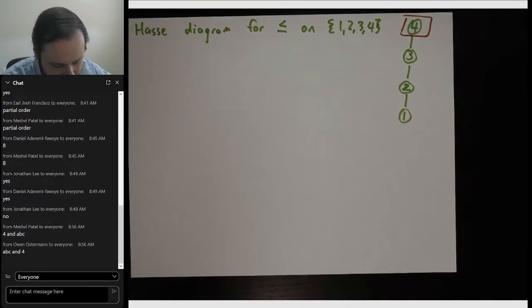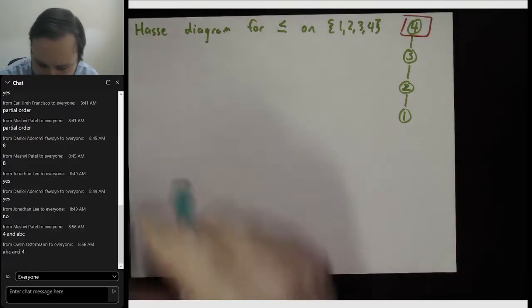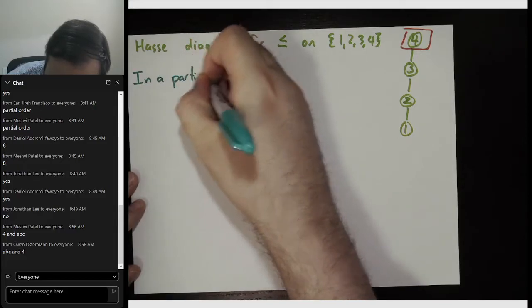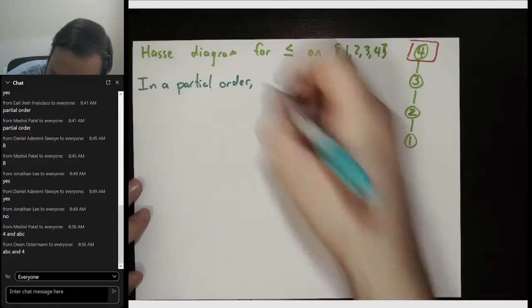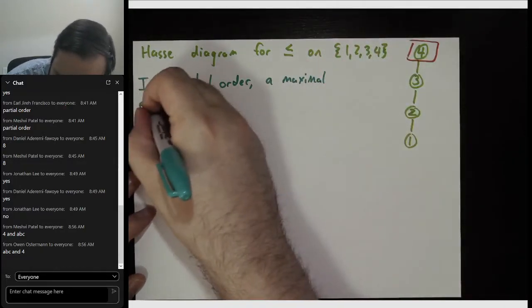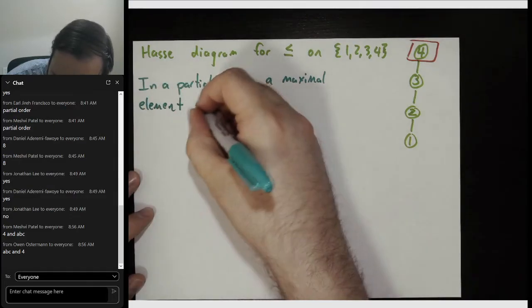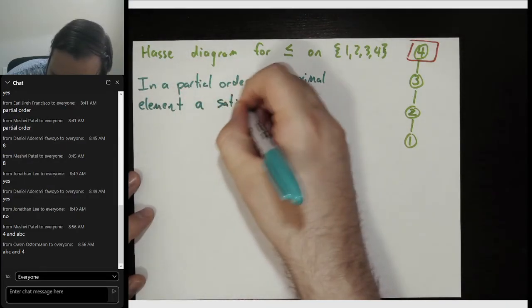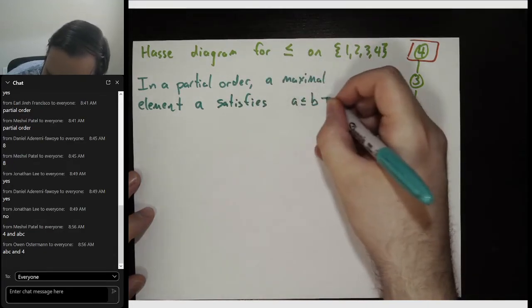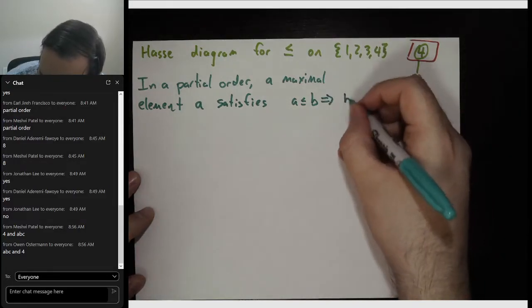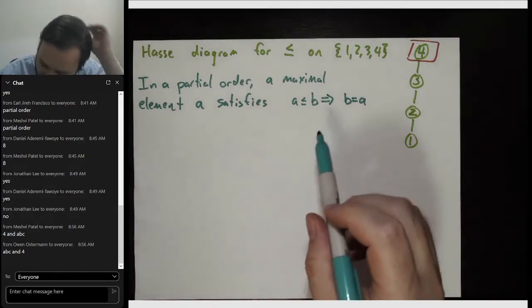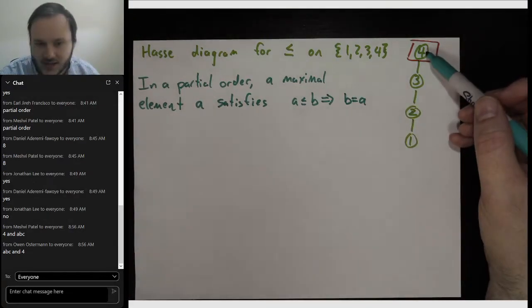So in a partial order, a maximal element A satisfies: A curly less than or equal to B implies that B is equal to A. It's not true that maximal elements are not less than or equal to anything.